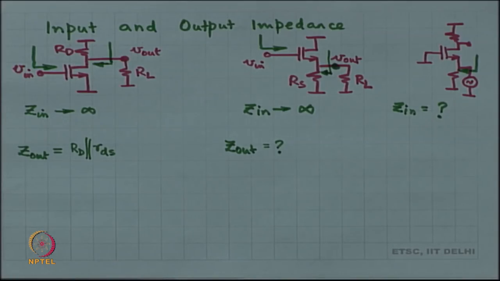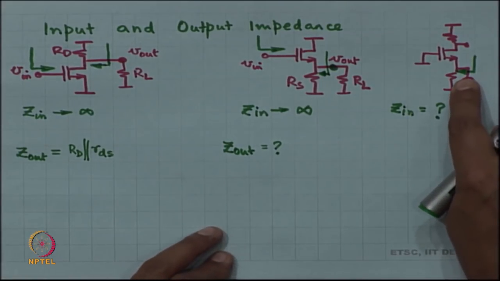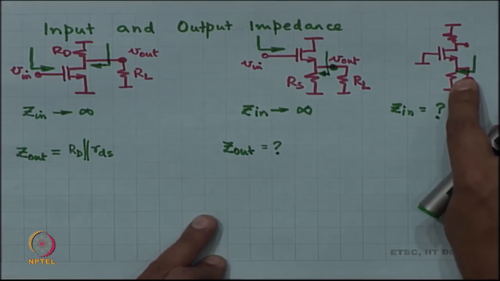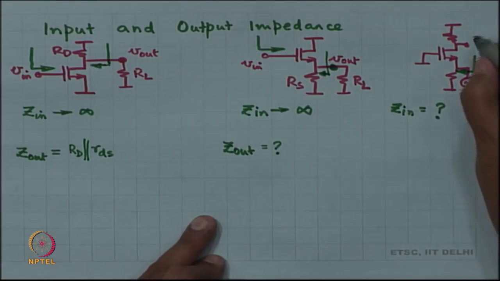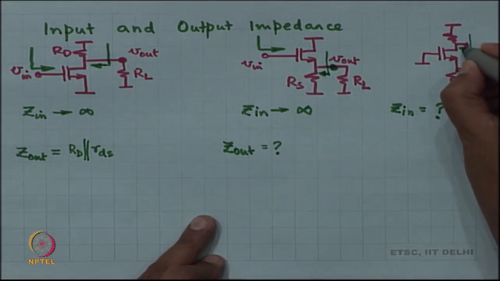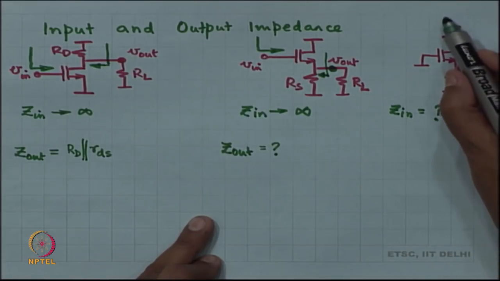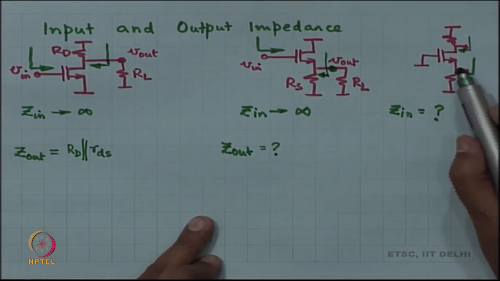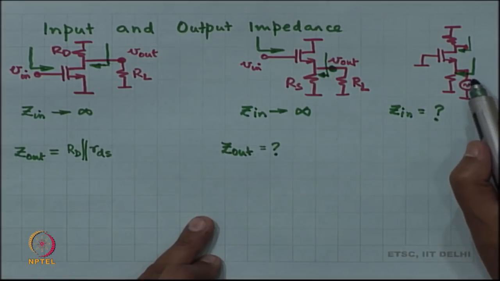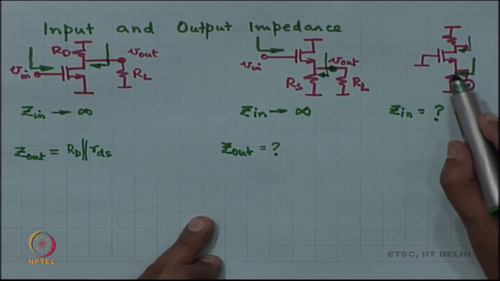Okay. Then in the common gate amplifier, when I look in from the output, what do I see? Looking up I see R D, and looking down, remember this has been nullified, right. When this is nullified, the source is a short circuit.